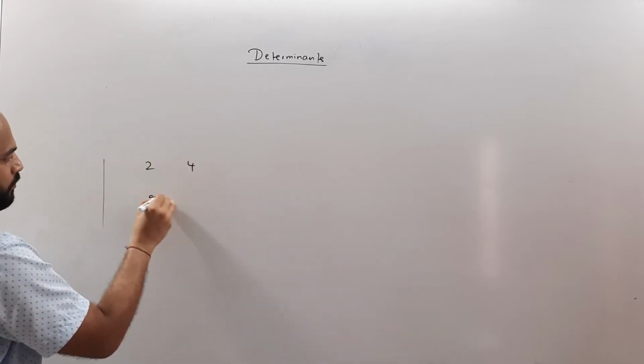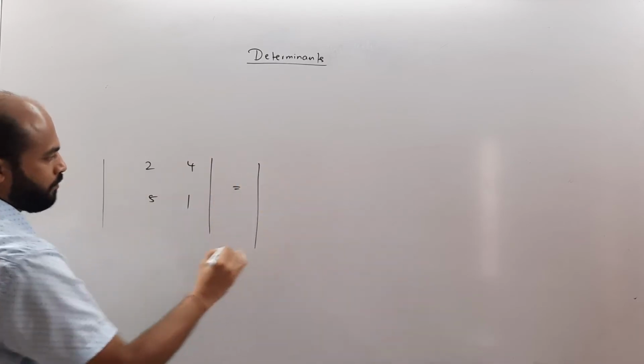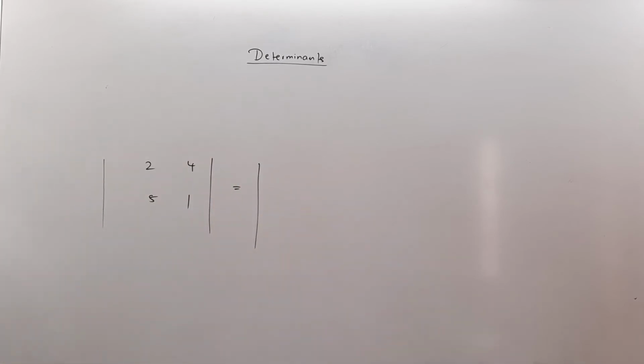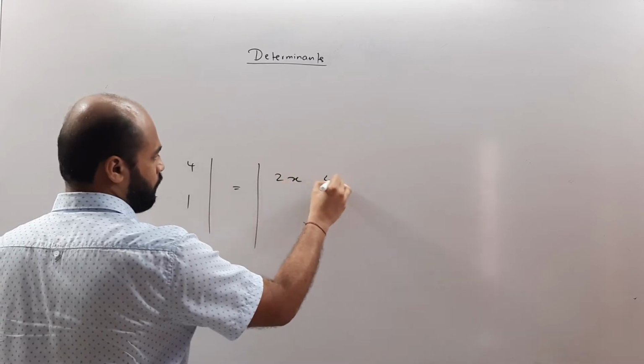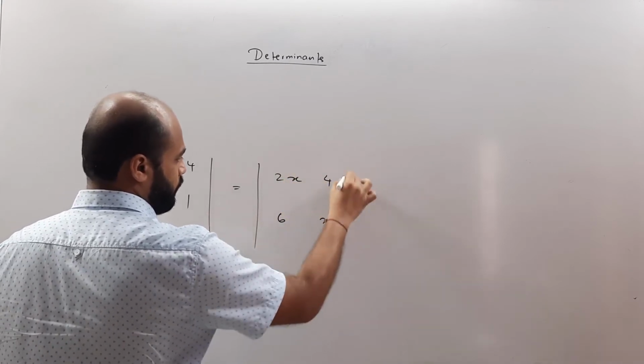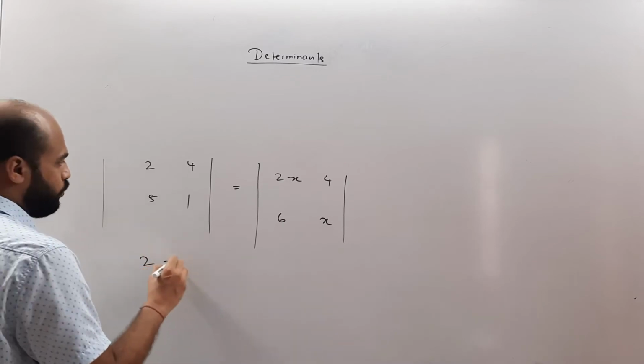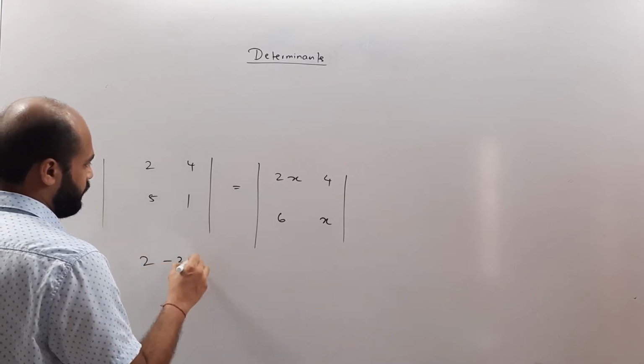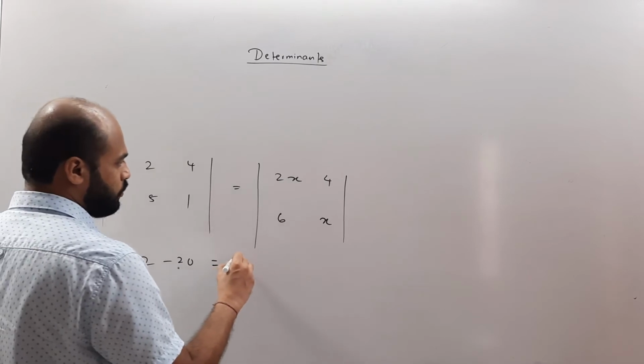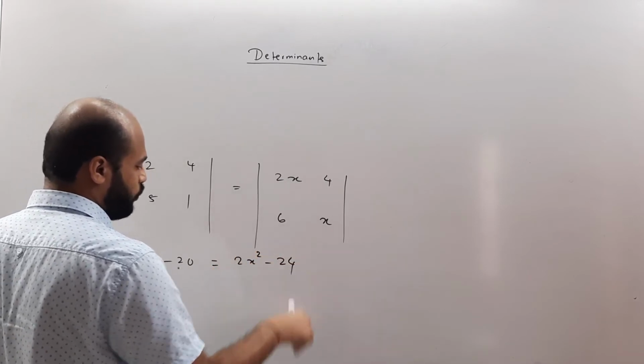The next problem is about finding x. Two determinants are given to us. This is what is given. Now we have to find the value of x. So all that we have to do is solve the determinants on both the sides, get a value of x. So it will be 2 minus 20 in this case, which is equal to 2x square minus 24.